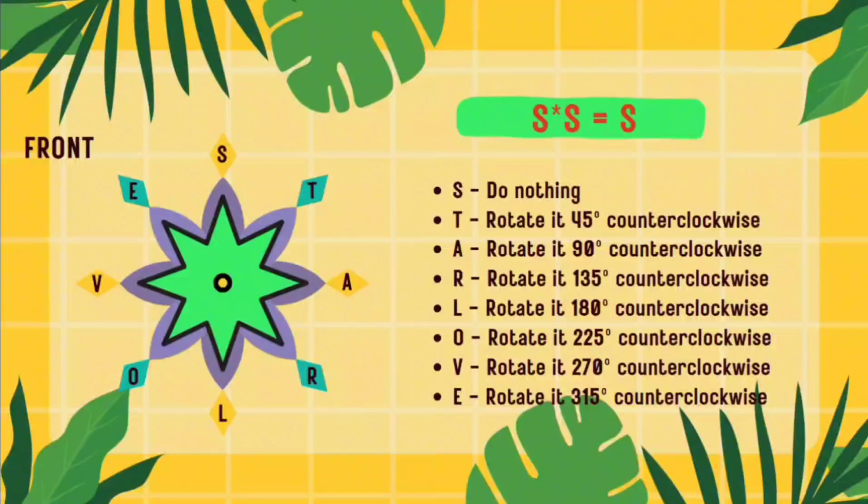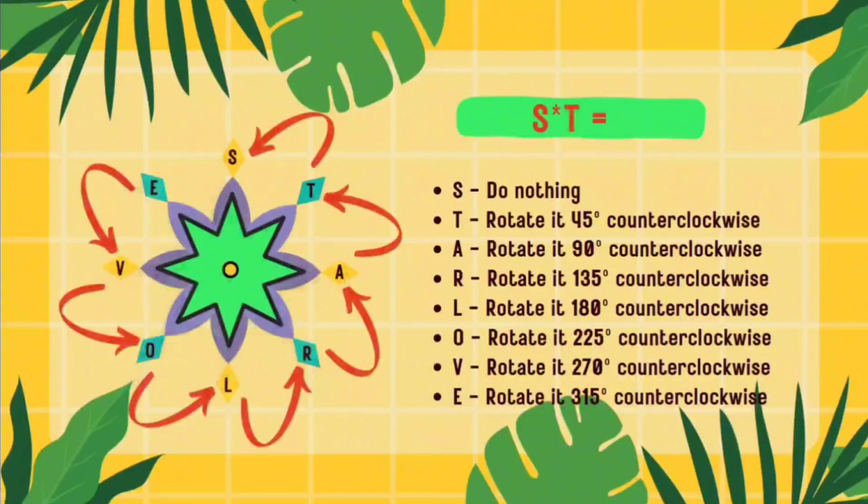First, we have S star S, or S followed by S, is equal to S, since there is no movement in S, so do nothing. Next, we have S star T. The movement of T is rotate 45 degrees counterclockwise.